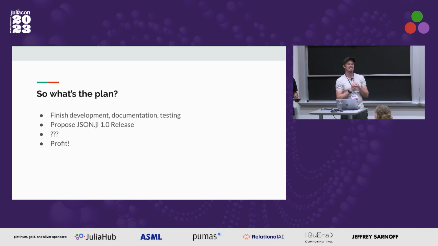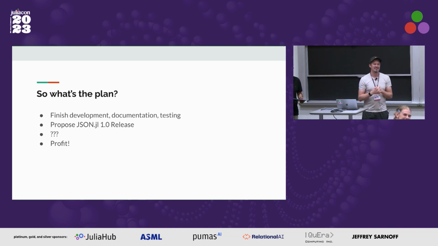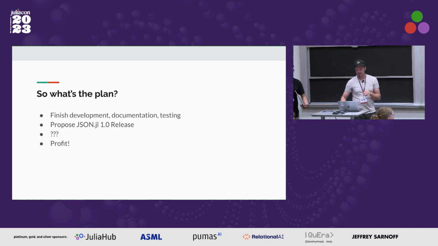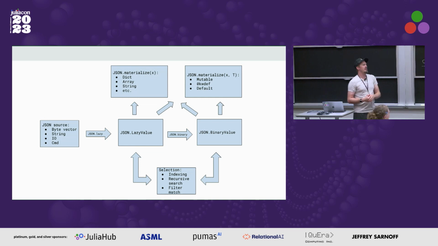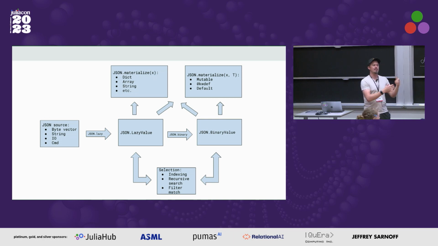On an unrelated question, on your slide you had materialize taking 2 arguments, x and t, and the type of the second argument? That's the case where I have a custom struct, like a person struct that has a name and an address. And I have JSON, a JSON object with a name and an address. And I say, I don't want to materialize this as a dictionary, I want to materialize this as a person struct.